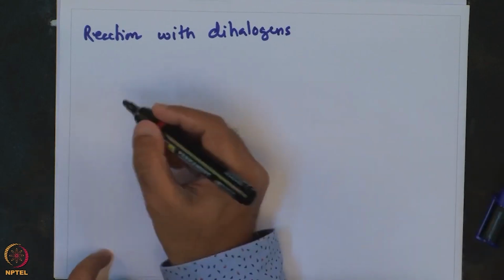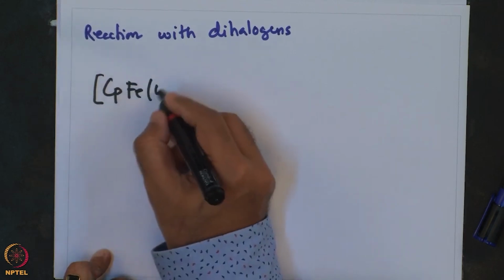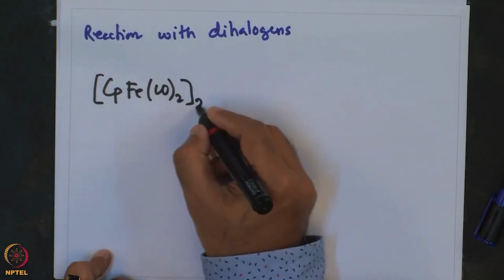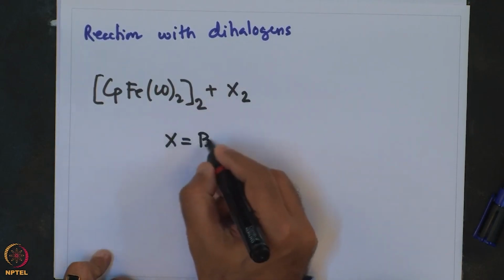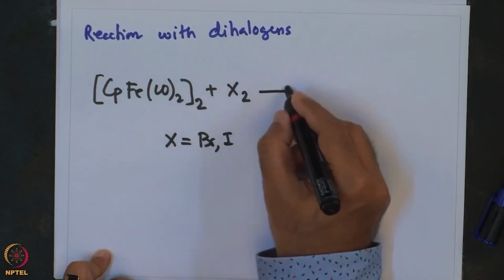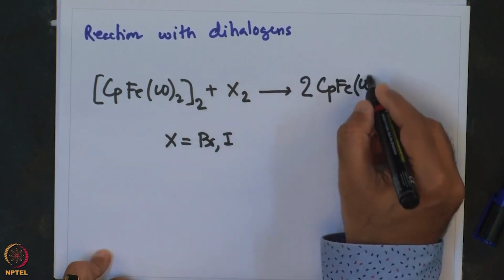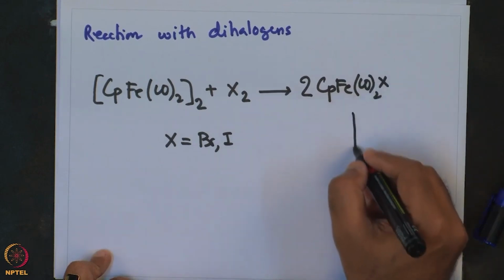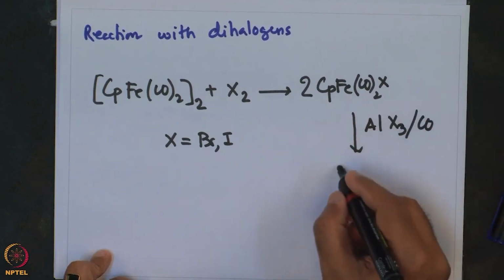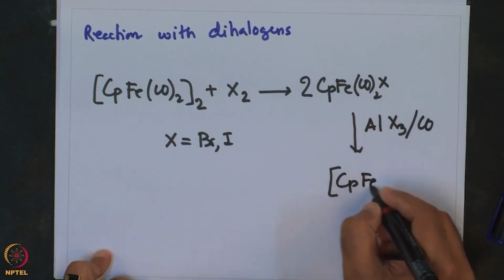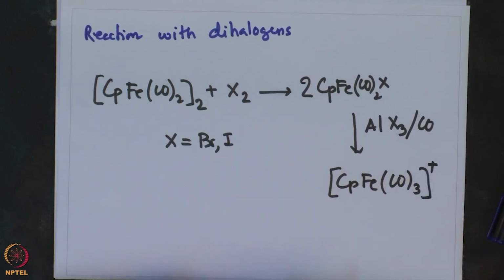This is illustrated by the reaction here: Cp Fe dicarbonyl dimer plus X2, where X equals bromine or iodine, giving 2 Cp Fe(CO)2X, which on reaction with AlX3 and CO gives Cp Fe(CO)3X.